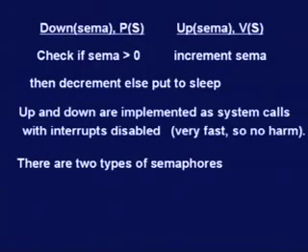This is important because the interrupts are disabled, so nothing can happen in between, for example, between checking and decrementing. This is the very basic operation, so the interrupts are disabled for a very short time, so it does not harm the working of the system.